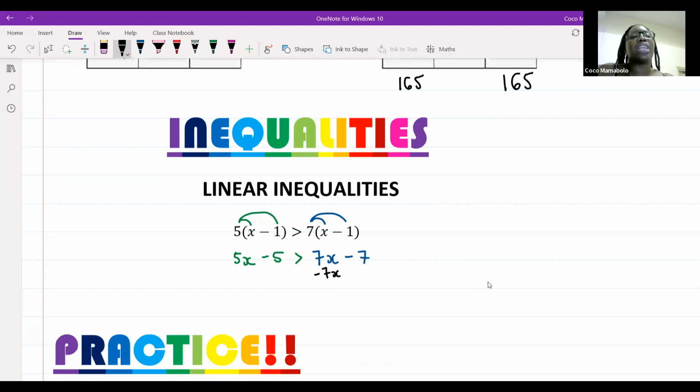And then I'm going to take this -5 over to the other side, and it becomes +5. So on this side, I'm going to have 5x minus 7x, and on the other side -7 plus 5. Those are going to cancel out.